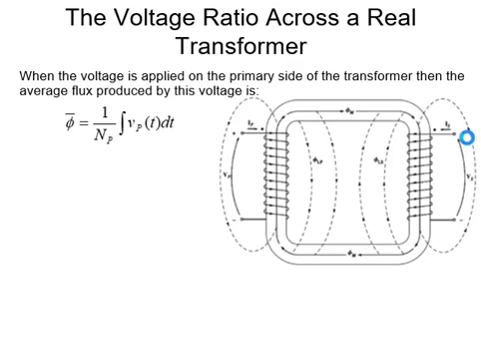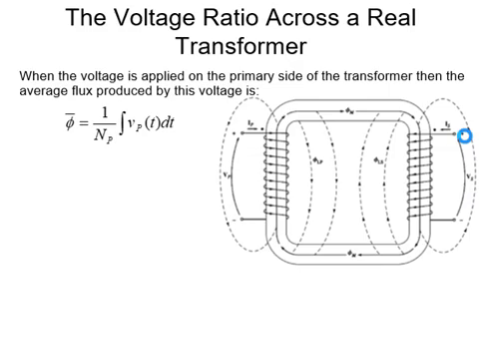As you can see over here, this is represented by flux phi M, where M stands for mutual. But you can also see that there are phi LP lines, the lines which go into the air and come back to the primary coil without going towards the secondary coil.